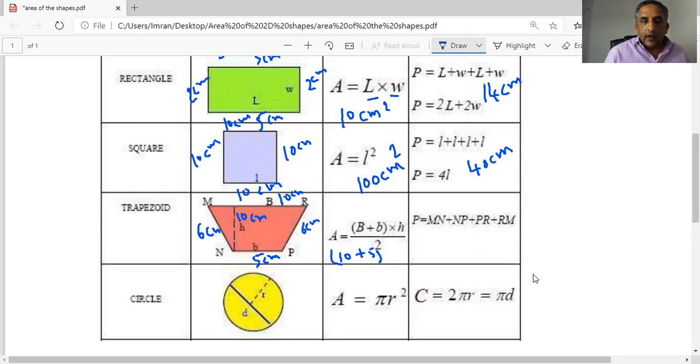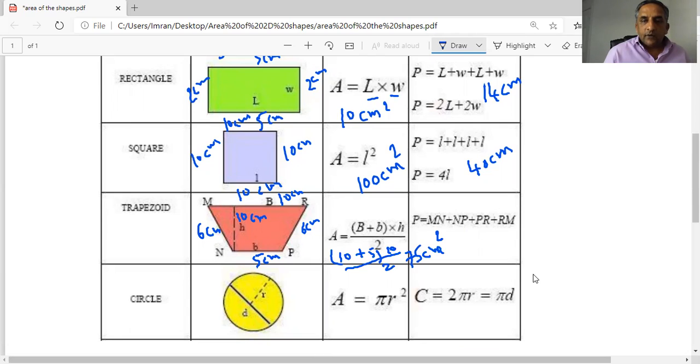We add them and times the answer with the height, height is 10 as well, and divide it by 2. So 10 plus 5 is 15. 15 times 10 is 150. 150 divided by 2 is 75 centimeter square. So this will be the area of the trapezium.